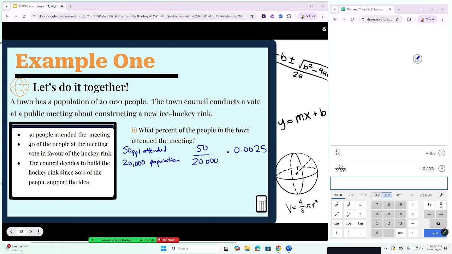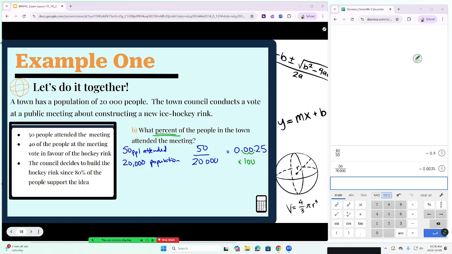0.0025. Now remember, we want to make it into a percentage, reading the question carefully, what percent of the people. So we need to change 0.0025 into a percentage. When we're going from a decimal to a percentage, we're multiplying by 100. So we're moving that decimal place 2 to the right.